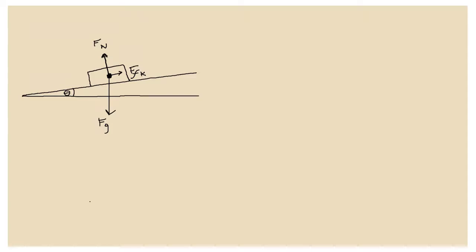As we did yesterday, and you don't really need to do this if you're getting comfortable with it, but I think as we start here, it should be noted that because these components don't really line up perfectly, it is helpful to do a little component diagram. And so we'll do that. I've got the normal force coming straight up. That's not that big. I got the weight coming straight down, and that's bigger than the normal force.